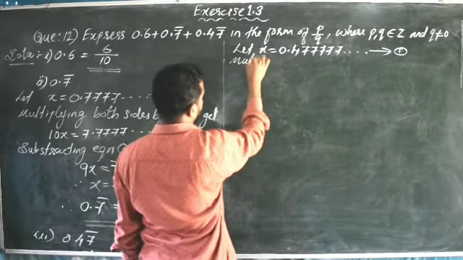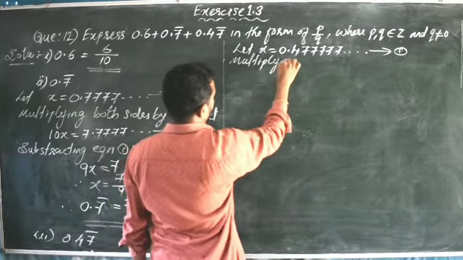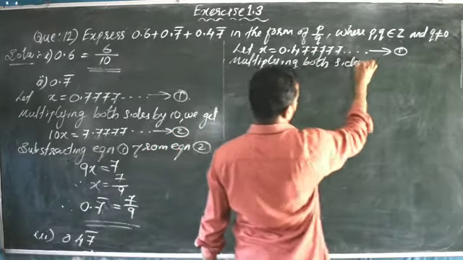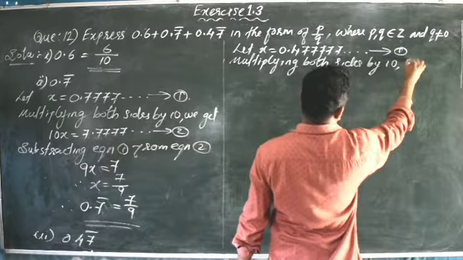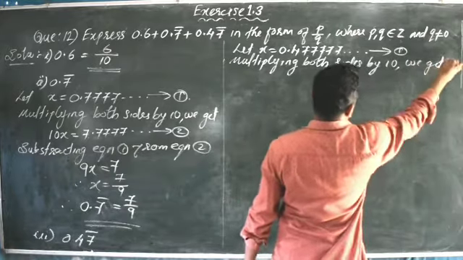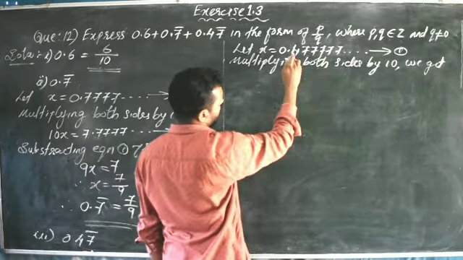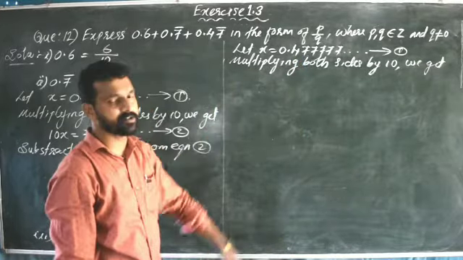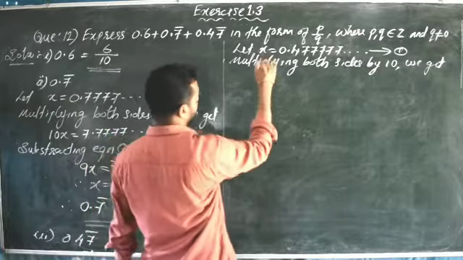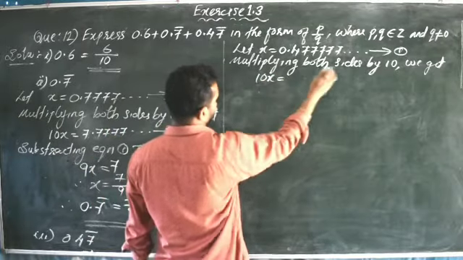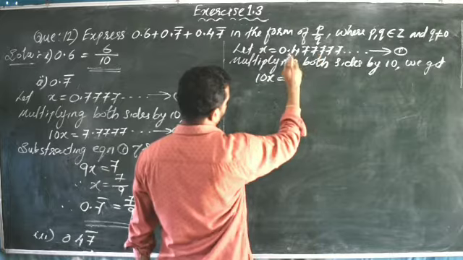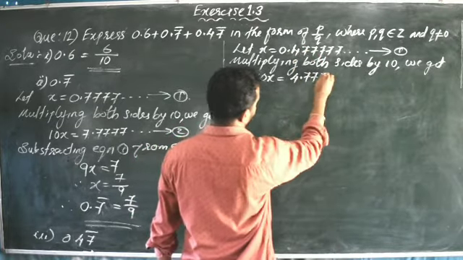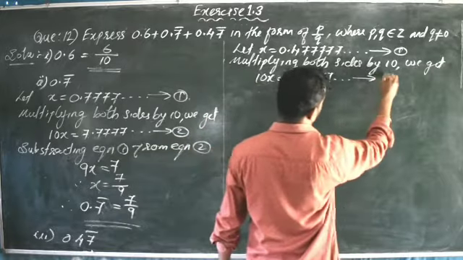Multiplying both sides by 10, we get, why are we multiplying both sides by 10? Because one digit is not repeating, that is why we first multiply by 10. After that we again have to multiply by 10. 10x is equal to 10 into 0.4777 etc. The decimal point goes one place to the right, so it becomes 4.777 etc. That is equation 2.